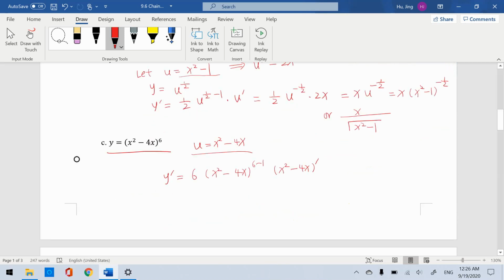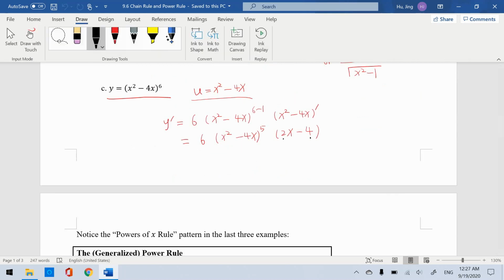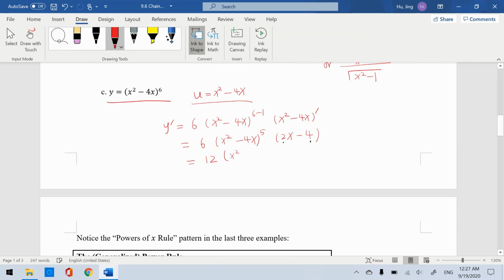Then let's clean up. Here is x squared minus 4x to the 5th power. Here is 2x minus 4. So here is 2 and 2. We could take the common factor 2 out, so it becomes 12, because 2 times 6. Then x squared minus 4x to the 5th power times x minus 2. You don't need to expand the parentheses. This is already very neat.